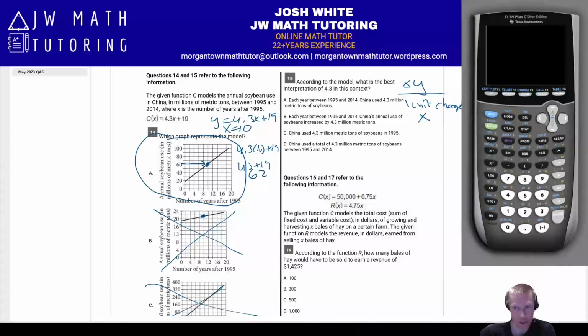Here, x is the number of years, and the y, or the output, in this case technically the letter C, is annual soybean use.